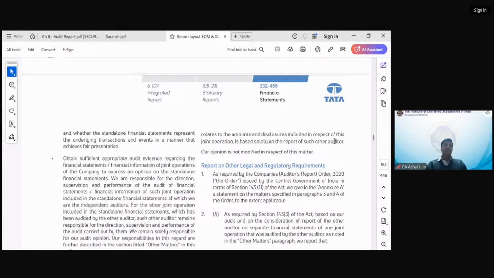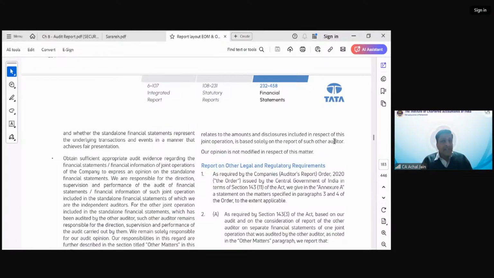Okay, so now here again, there seems to be one branch office. You can understand that there is a branch office of this company. Okay, joint operation, you can say it's a branch. So it appears that one of the branches of this company was audited by another auditor. Okay, and what did that auditor do?